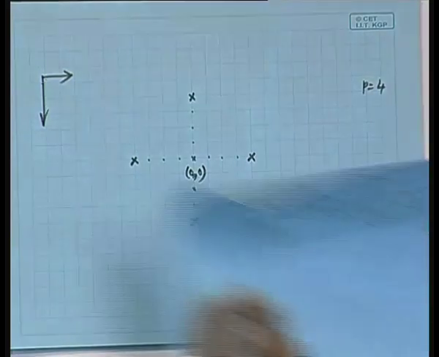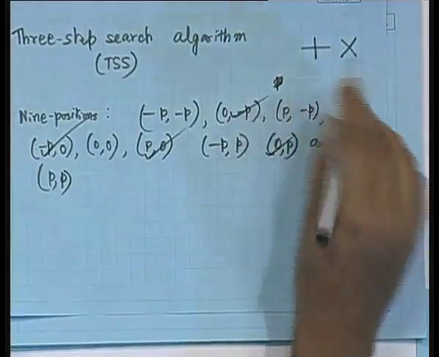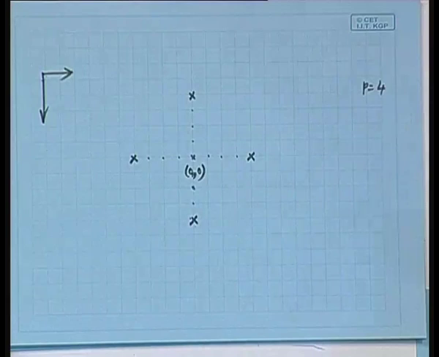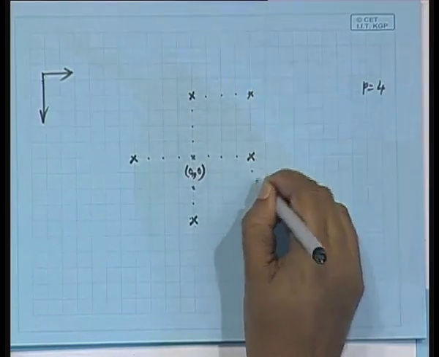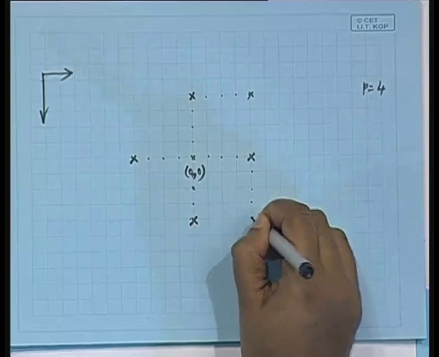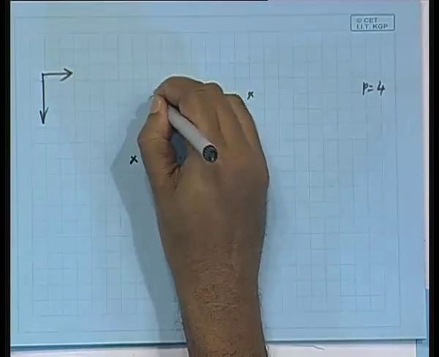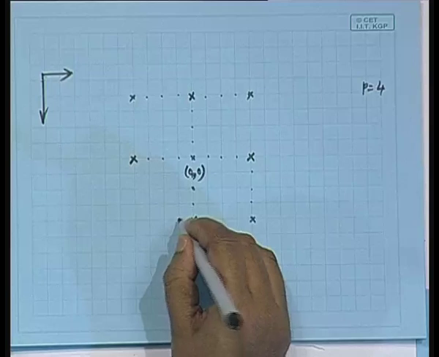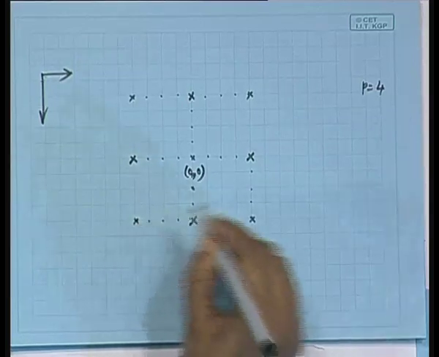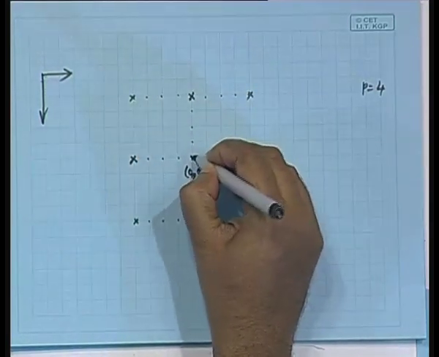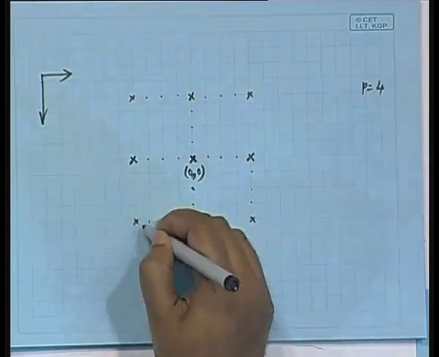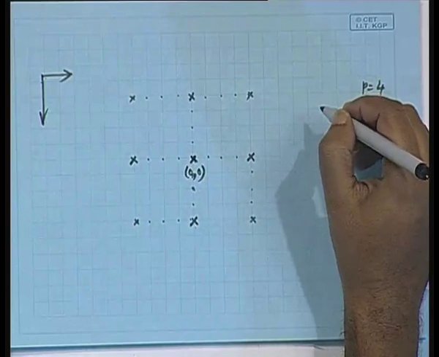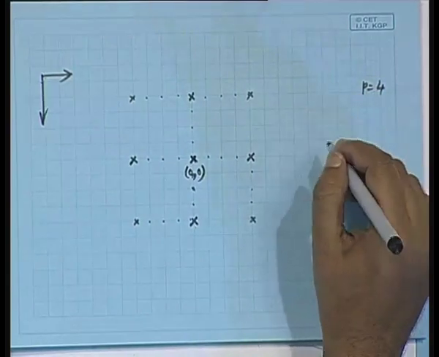So 0 p and 0 minus p are also covered over here, and then we have 1, 2, 3, 4 positions from here, 1, 2, 3, 4 from here, 1, 2, 3, 4 over here, 1, 2, 3, 4 over here. So totally, including the center, we have got 3 here, 3 here, 3 here. So, 9 search positions.